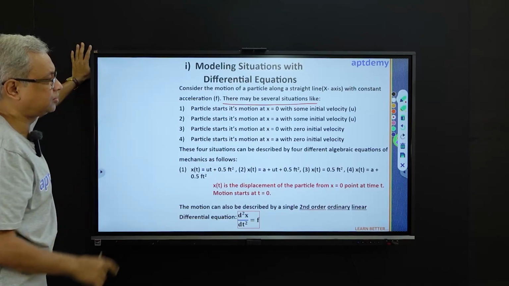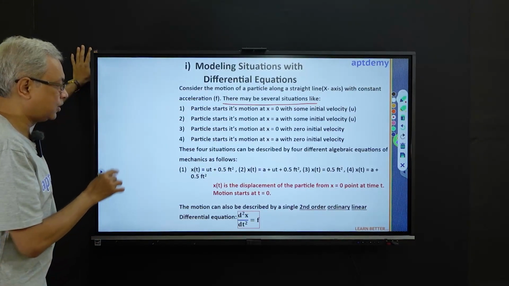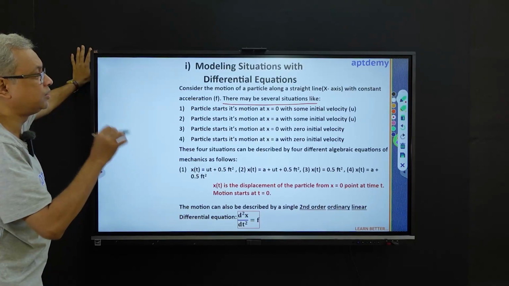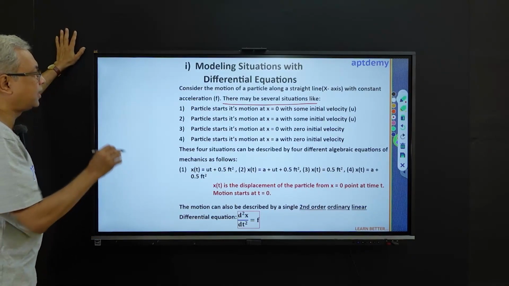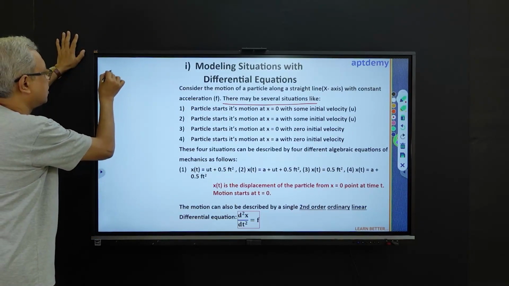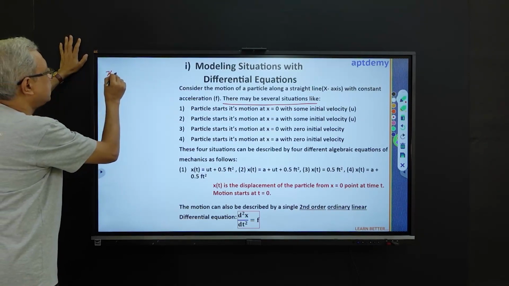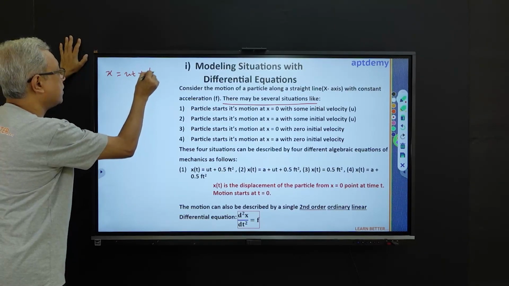The particle starts its motion at x equal to 0 with some initial velocity u. So if it starts its motion at x equal to 0 with some initial velocity, we know from kinematics that in that case x, that is the displacement of the particle, can be written as x equal to ut plus half ft square.